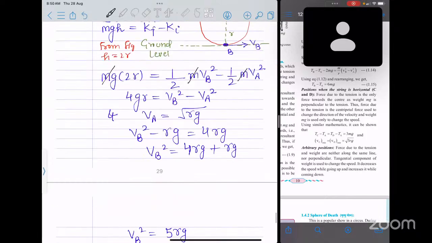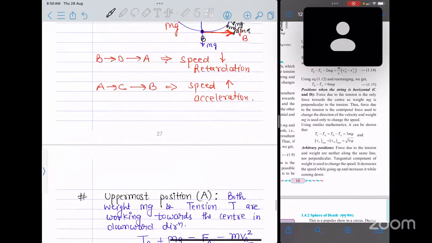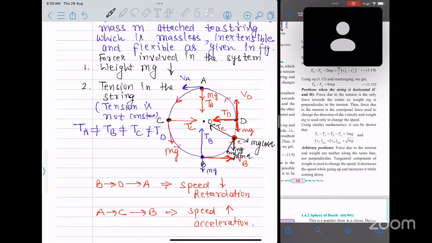At point C and D. This is point C, this is point D.